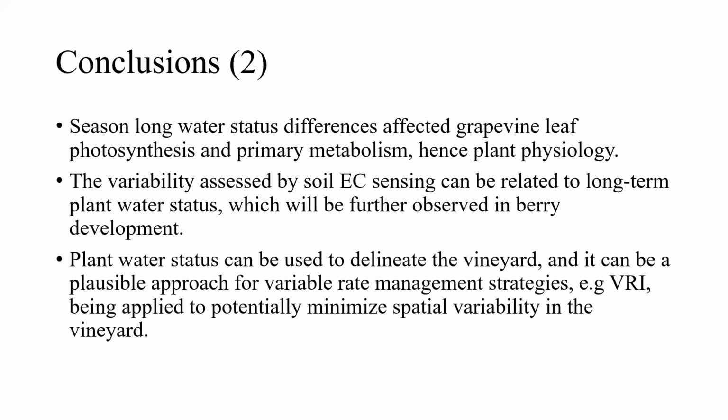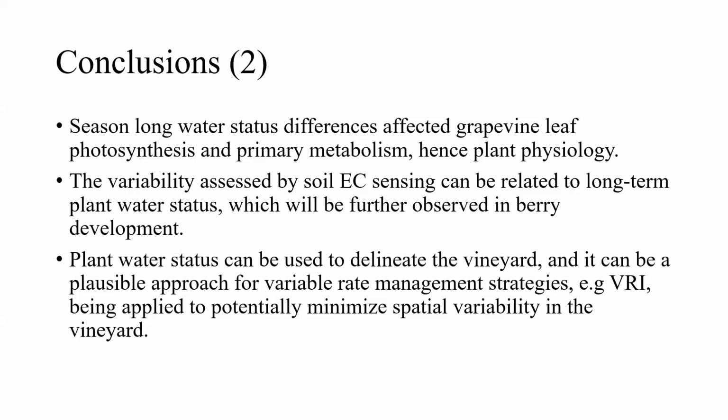The variability assessed by soil ECA sensing can be related to long-term plant water status, which will be further observed in the berry development, as we saw between these two zones. And the plant water status can be used to delineate the vineyard, and it can be a plausible approach for future variable rate management, like selective harvesting to pick the fruit at a different maturity or the same maturity differently. And this can potentially minimize the spatial variability in this vineyard.